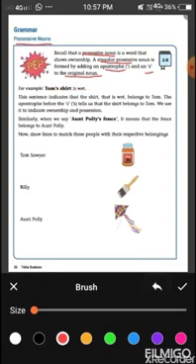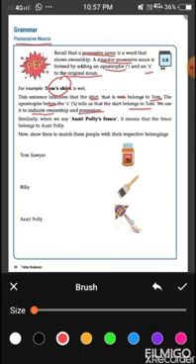This sentence indicates that the shirt that is wet belongs to Tom. The apostrophe before the S tells us that the shirt belongs to Tom. We use it to indicate ownership and possession.